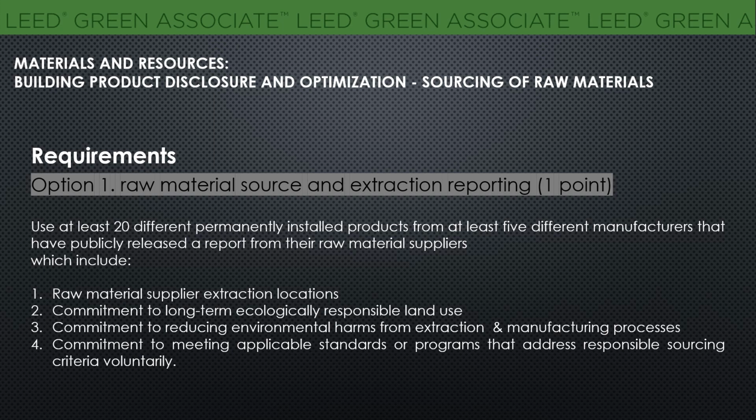Raw material supplier extraction locations, 2. Commitment to long-term ecologically responsible land use, 3. Commitment to reducing environmental harms from extraction and manufacturing process. 4. Commitment to meeting applicable standards or programs that address responsible sourcing criteria voluntarily.